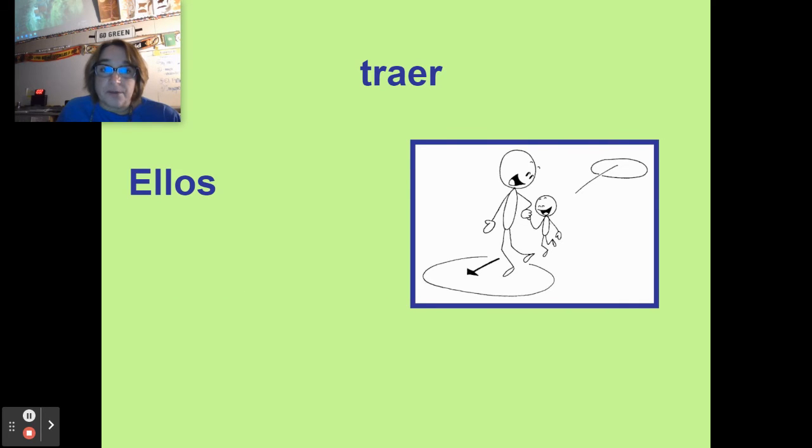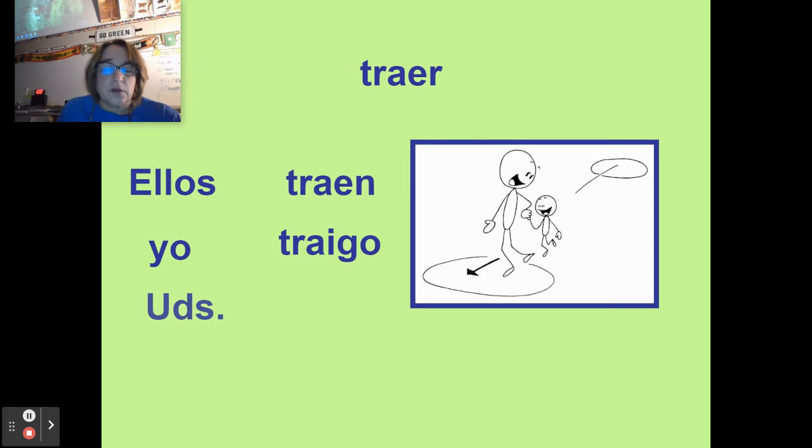This is also a go verb. Ellos traen. No go there. Only for yo. Yo traigo. That's a hard one. Ustedes, same as ellos. Traen. Some people think that ellos and ustedes are the same thing. They're not.